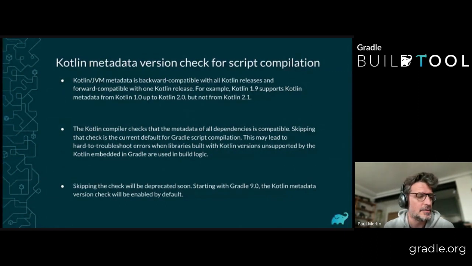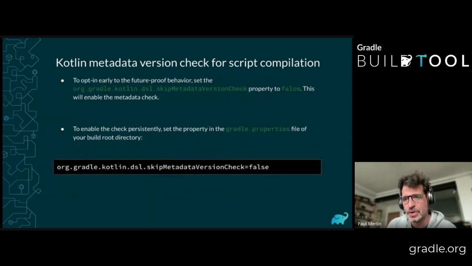We will change that in the future because it leads to hard to troubleshoot errors. We will change the default in the next Gradle versions. We will deprecate skipping that check soon. Starting with Gradle 9, it will be enabled by default. And in the next slide, we show you how to opt into the future-proof behavior starting today. And that's it for the Kotlin DSL improvements.